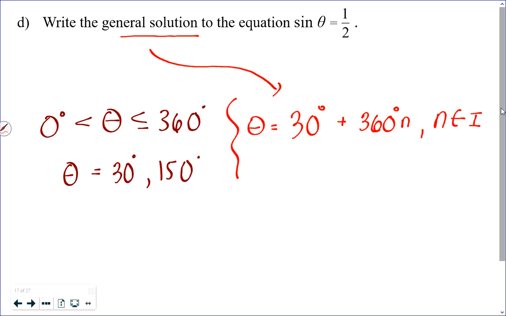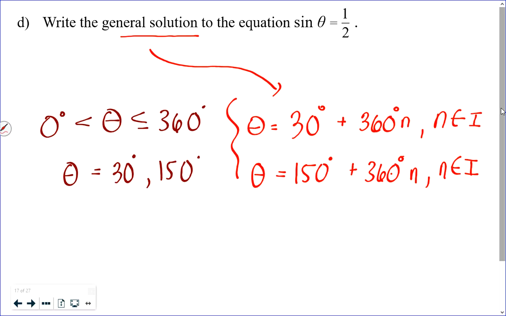Because the integer condition tells you that 0 can be a value of n, so 30 degrees plus nothing is 30 degrees. That is one of the solutions. And theta is also equal to 150 degrees plus 360 degrees n, where n is an element of the integer number set.